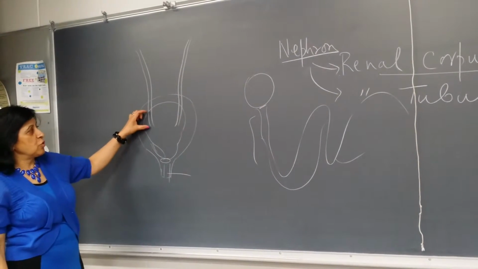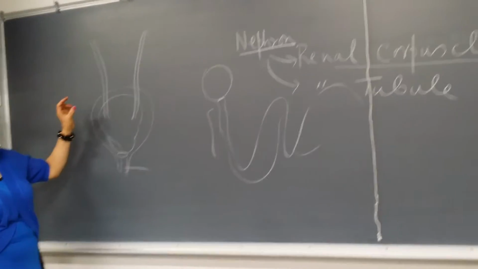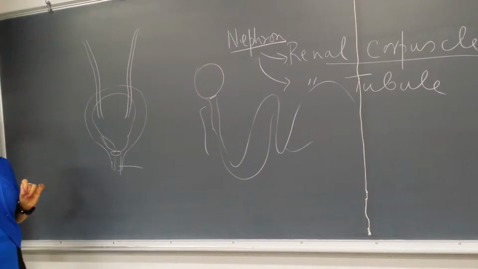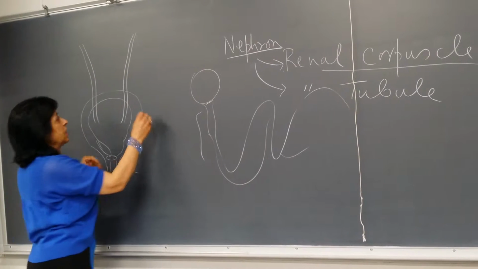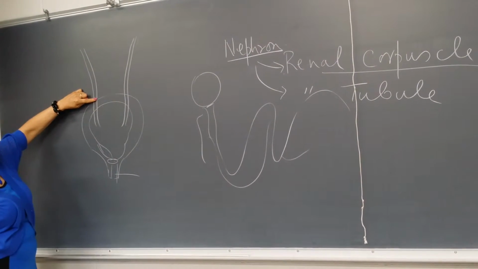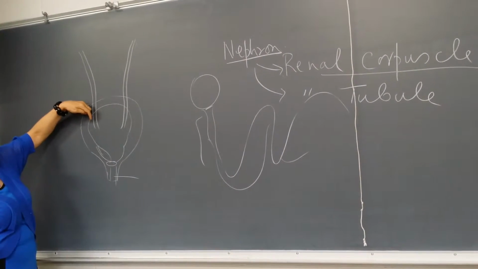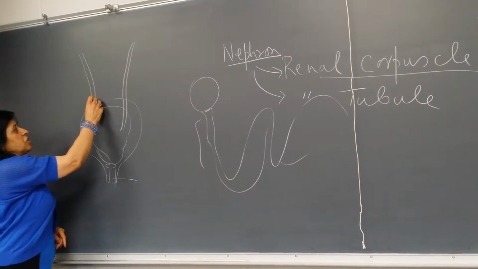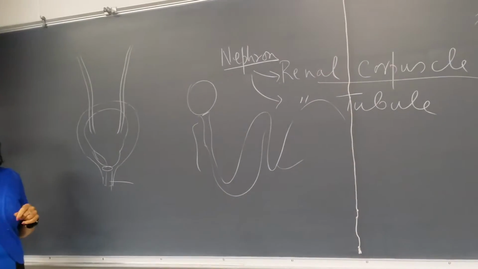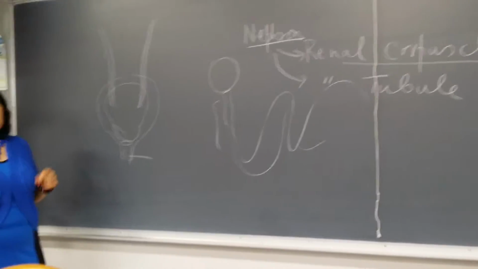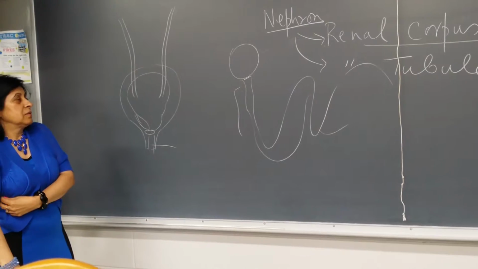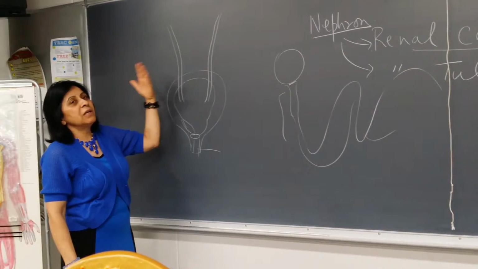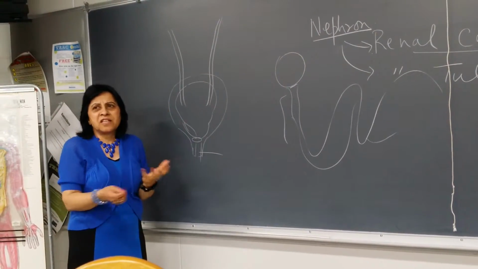On purpose, I'm showing that the lower end of the ureter is embedded in the wall of the urinary bladder. In other words, I'm not saying that this is the urinary bladder and the ureter comes in here and drops the urine. Not at all. The bottom part of the ureter is embedded in the wall of the urinary bladder so that the urine does not start backing into the ureter unless the urinary bladder is excessively full.